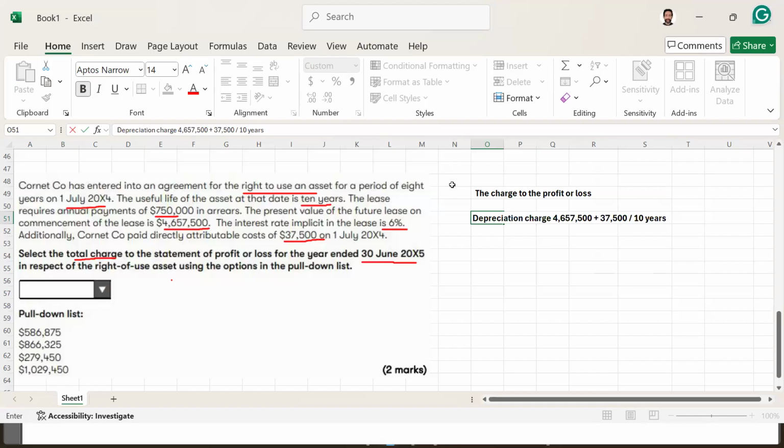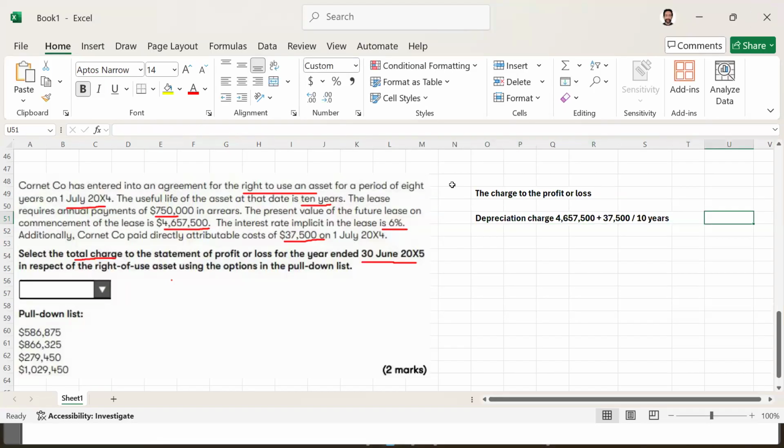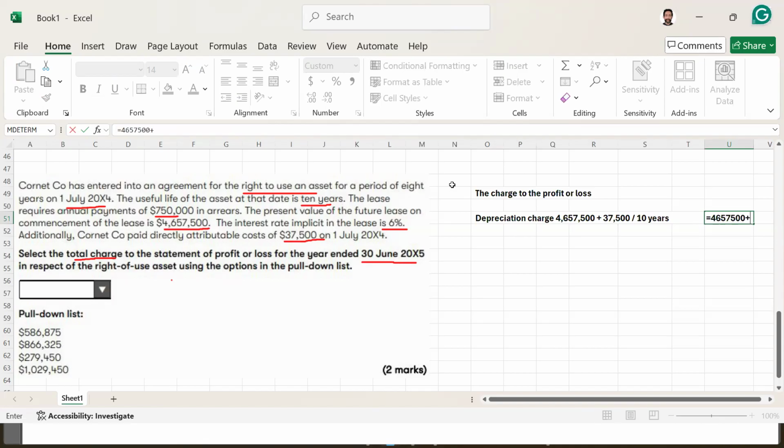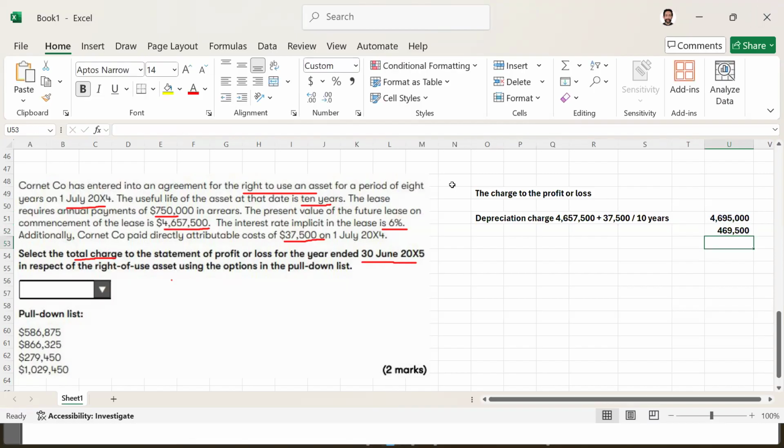So this is how we calculate the depreciation. Now this is slightly different. In the previous question, there was no directly attributable cost. Otherwise, it's the same. So 4,657,500 plus 37,500. Based on this value, we calculate 10% of this. So that is going to be 469,500. So 469,500 is the depreciation.